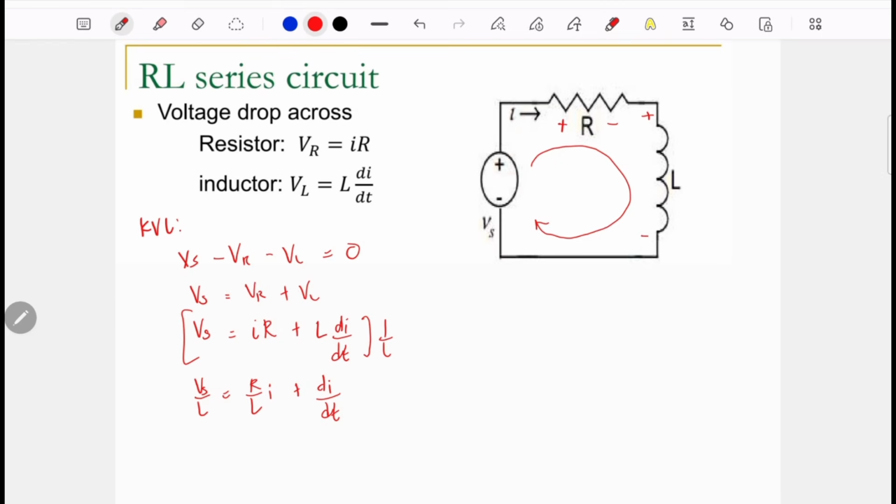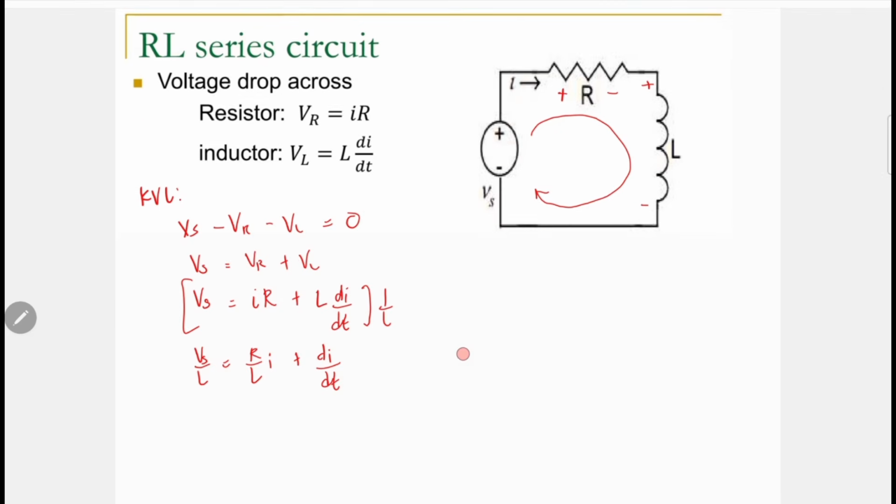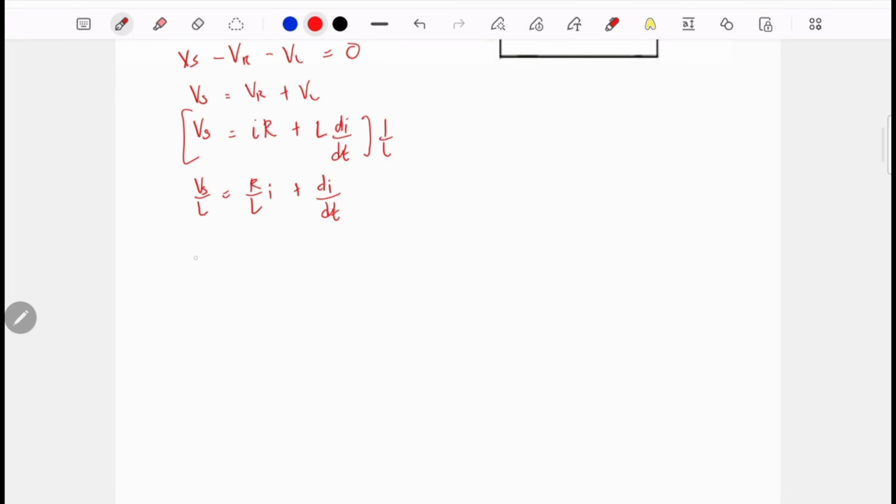So this is now our linear DE, linear in I. Then get the IF, e to the integral of R over L dt. R over L is constant, so e to the R over L integral of dt. Integral of dt is t, so IF is equivalent to e to the R over L times t.